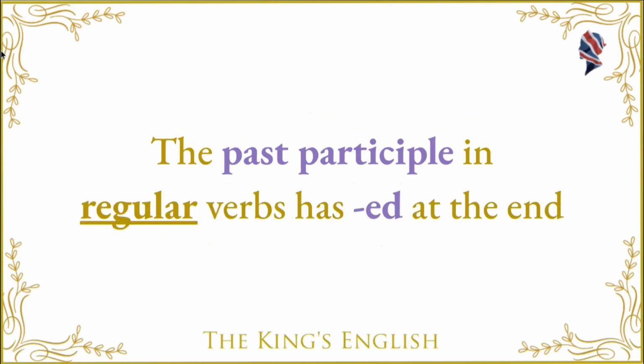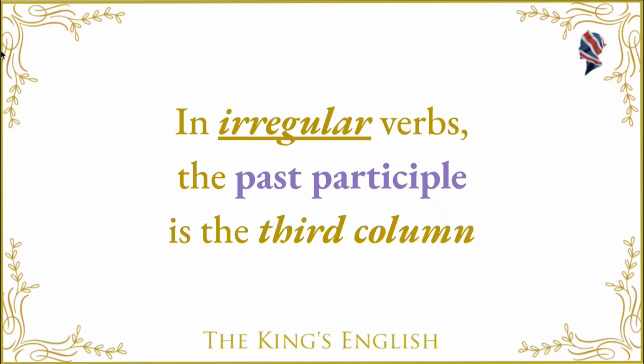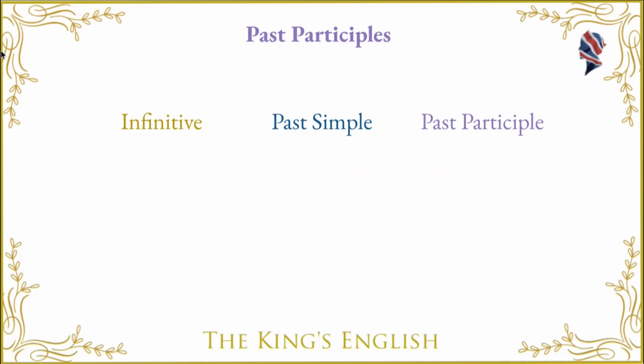The past participle in regular verbs has ed at the end. In irregular verbs, the past participle is the 3rd column. So we have the infinitive, the past simple, and the past participle forms.